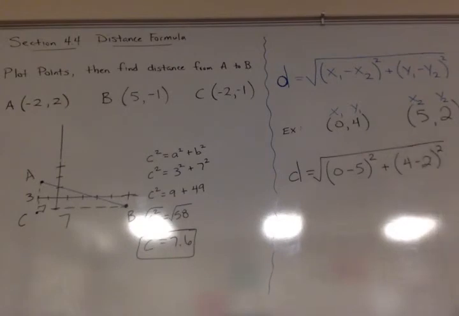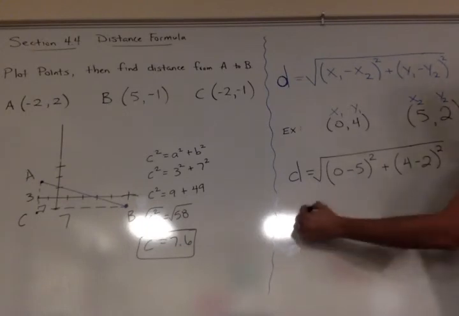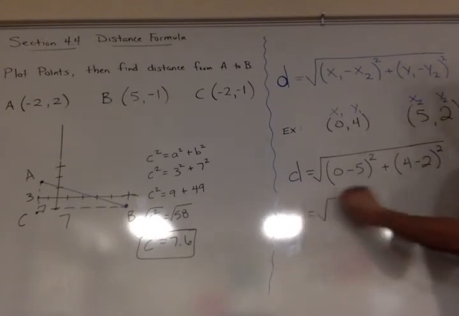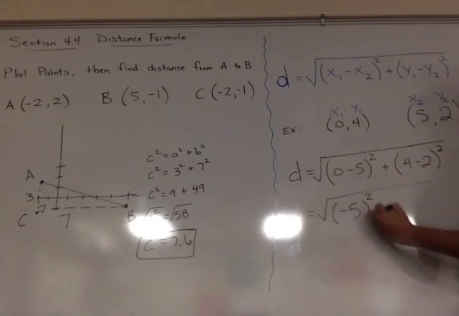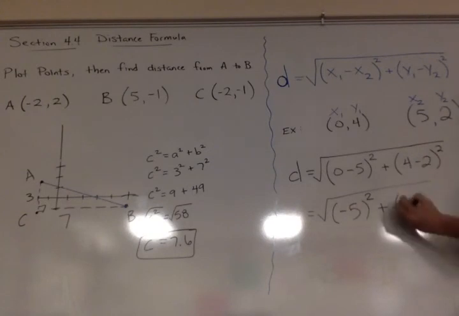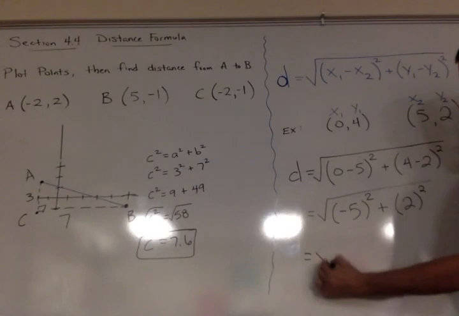Now just work order of operations like we did before. Subtract inside the parentheses. So that would give us 0 minus 5 is negative 5 squared. 4 minus 2 is 2 squared. Next step, square both of those numbers. Remember, when you square a negative, you always get a positive value in return.